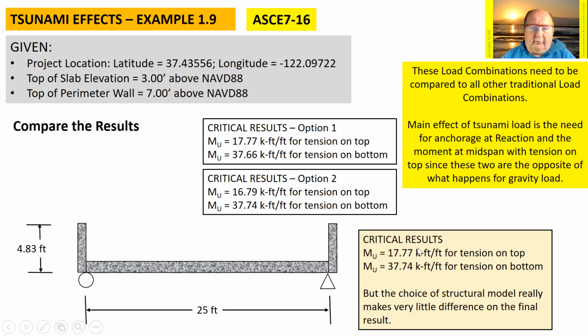And I do have a rather large negative moment, tension on the top of this beam at mid-span. Those are probably the biggest impacts due to the tsunami wave, because I probably don't have those forces being applied in that kind of a pattern due to traditional gravity load.